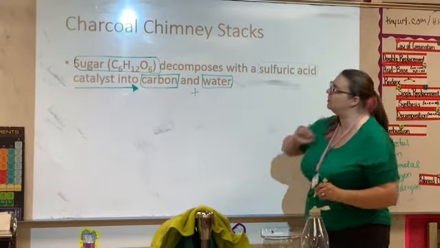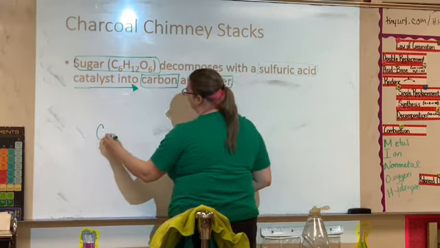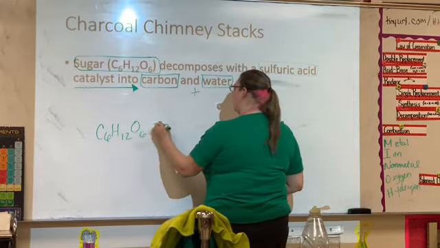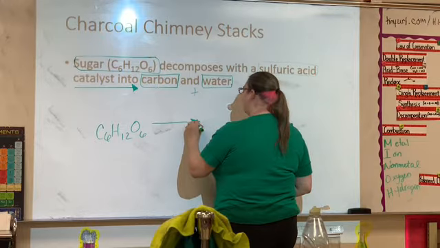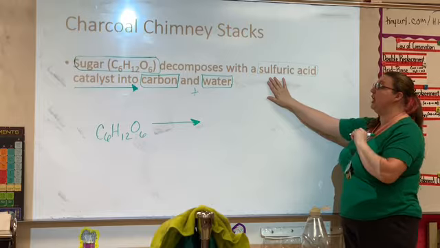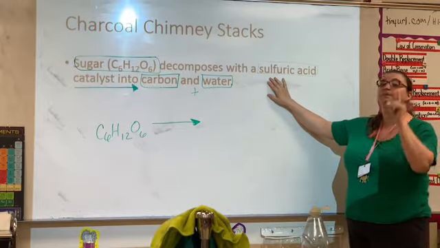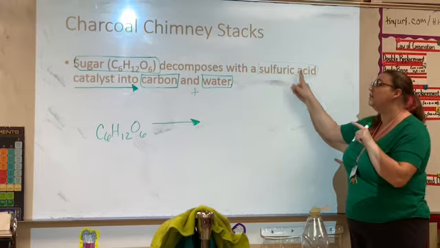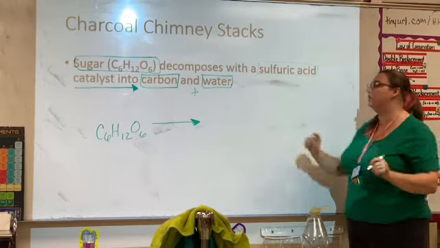All right, so let's start with our sugar. We have C6H12O6. And then we have our arrow, and we need to put our catalyst on the arrow. For sulfuric acid, we ask ourselves, is the first element a metal? No, sulfur's not a metal. Does it end with the word acid? Yes, but it does not start with the prefix hydro.